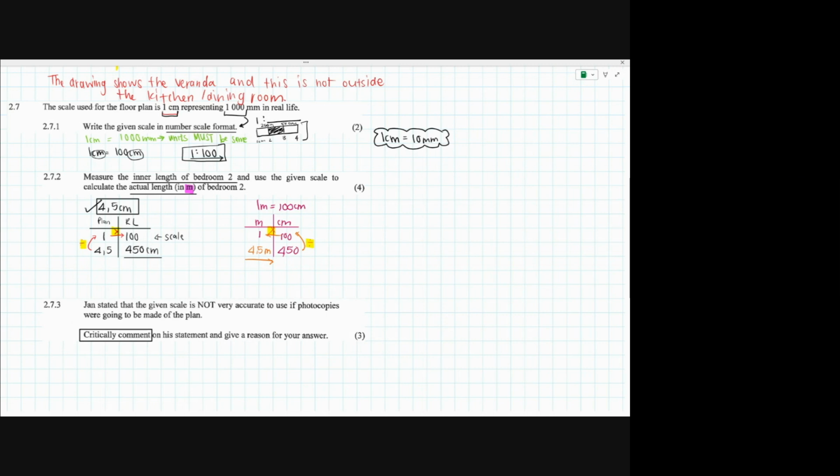And if you can give a reason for why you think he is or isn't correct, that'd be great. This is going to go back to what you remember about the accuracy of scales.